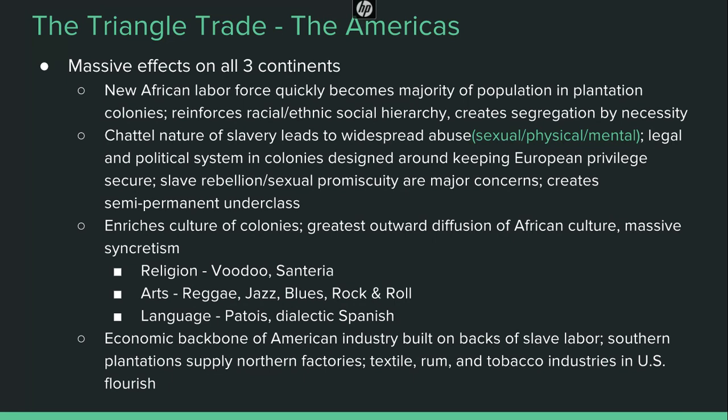So because of this massive slave population, it's necessary to reinforce the racial and the ethnic social hierarchy that began in the Spanish colonies. And what this creates is segregation by necessity.